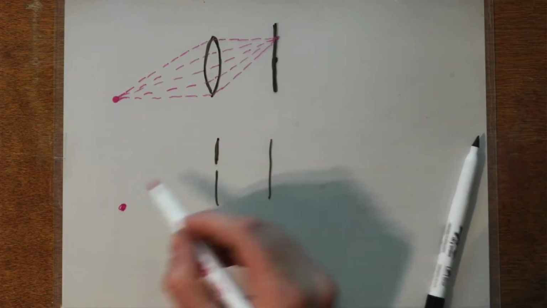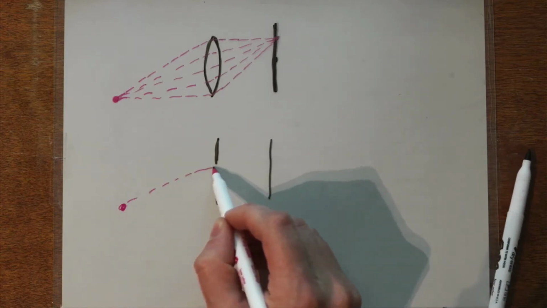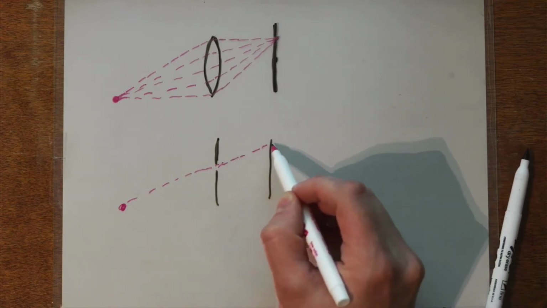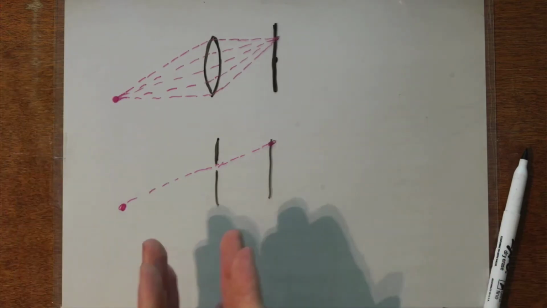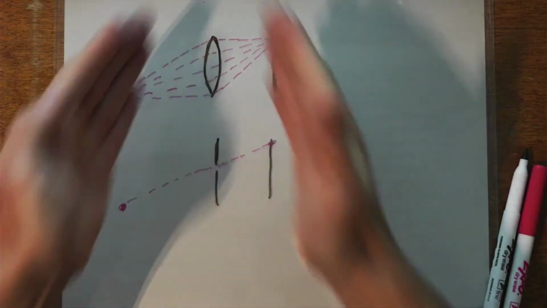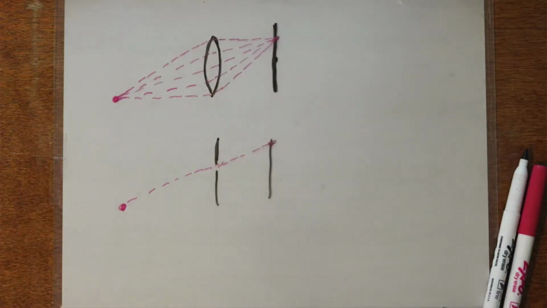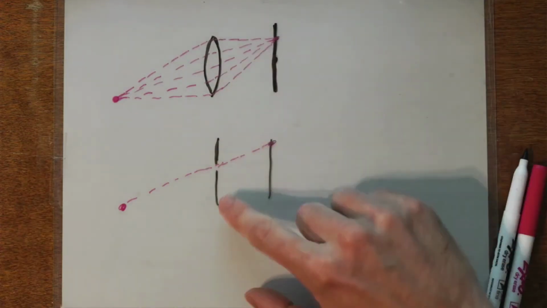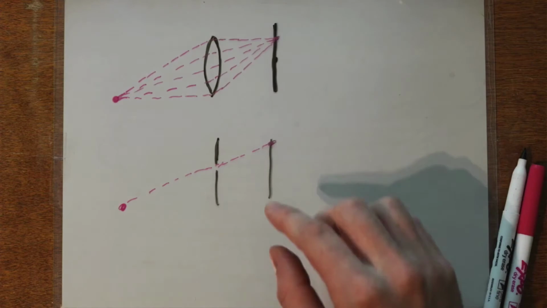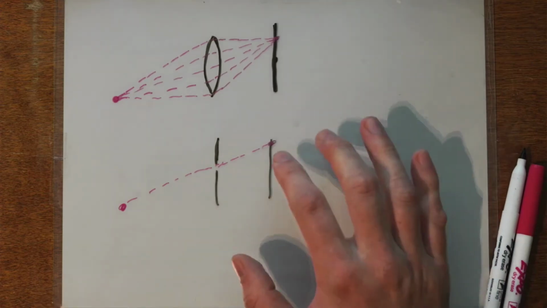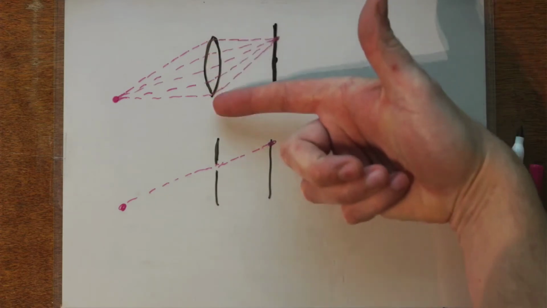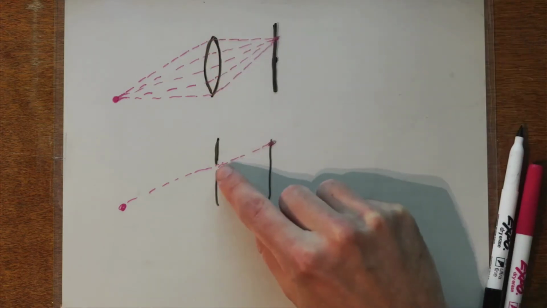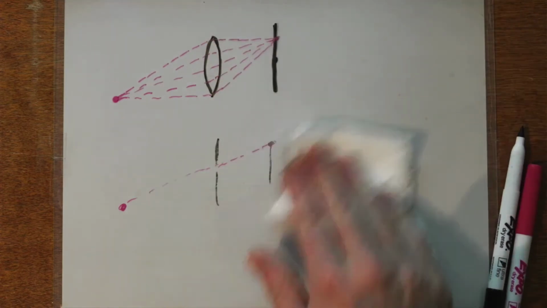Our pinhole is just allowing that one ray of light in to give us our dot, whereas a lens is actually taking that light and bending it back into a point to create a focus. So this is a lens, this is a pinhole, and they can make very similar images, but we can see that a lot more light can pass through this lens than through this tiny, tiny little hole.